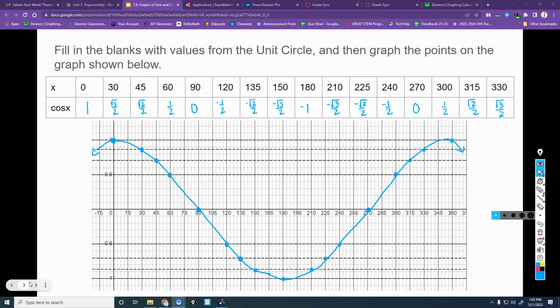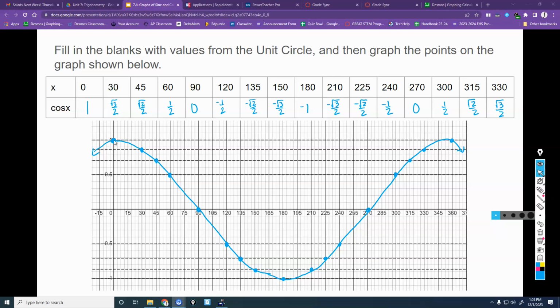So the big difference in our sine graph and our cosine graph is that sine of 0 is 0, but cosine of 0 is 1. So where my sine graph sort of started here and went up and down, the cosine graph has a y-intercept there at the highest point, right?